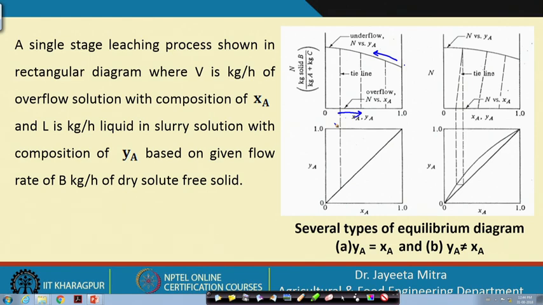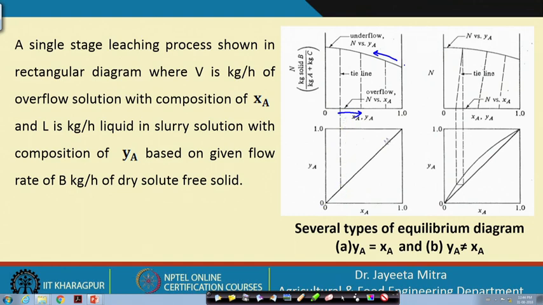Ideally, the concentration X A equals Y A, because in the equilibrium situation this should happen for ideal extraction. Those two concentrations X A and Y A are the same, and we have discussed this already. In that case the tie lines are vertical straight lines. So when we plot Y A versus X A, we will get a straight line.